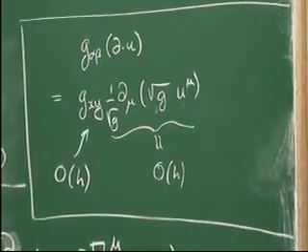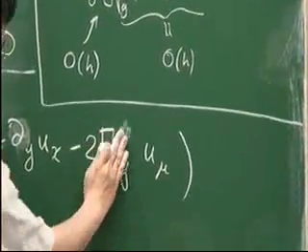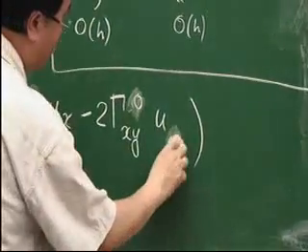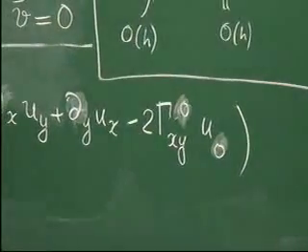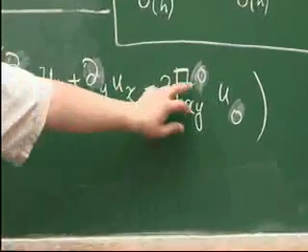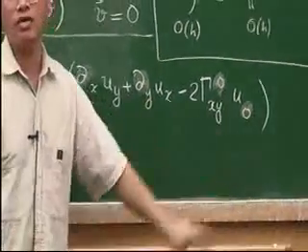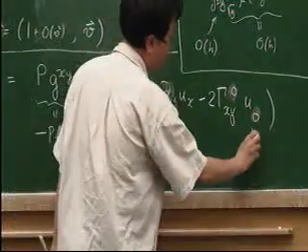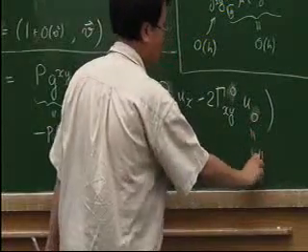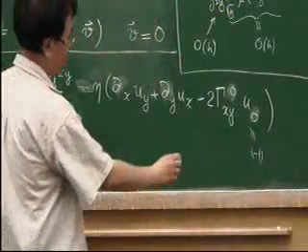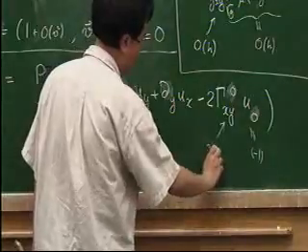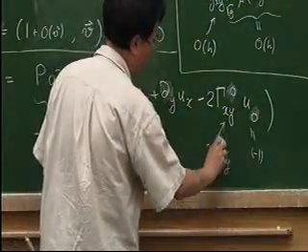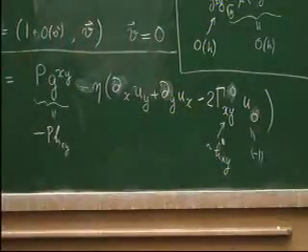So to leading order, the only contribution will be when this index is 0, because this u0 is 1, minus 1. And by computation, this is just proportional to the time derivative of h_xy.